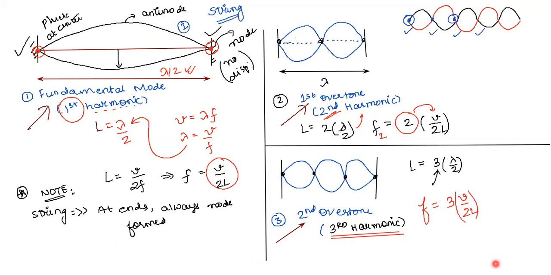So this is how we have learnt about different modes, one by one for a string. This is called the fundamental mode. This is the first overtone. This is the second overtone. So I request all of you to please jot this down in your copies, and once done, raise your hands. We'll wait for all of you.